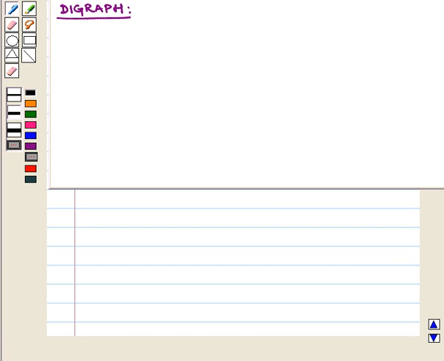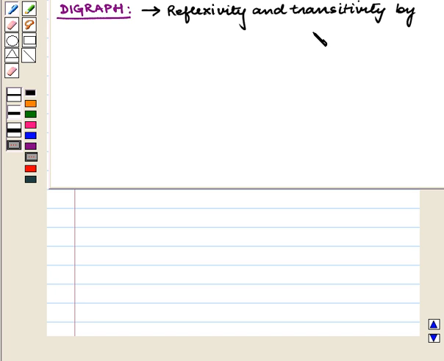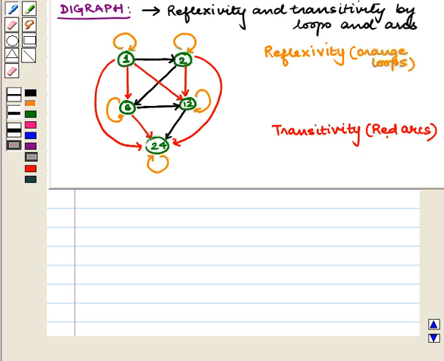Let us first draw its diagram showing all elements, which represents reflexivity and transitivity by loops and arcs. We will get the following diagram.